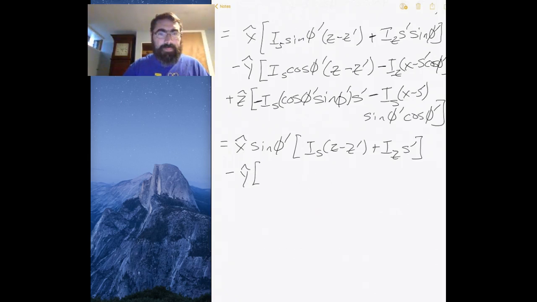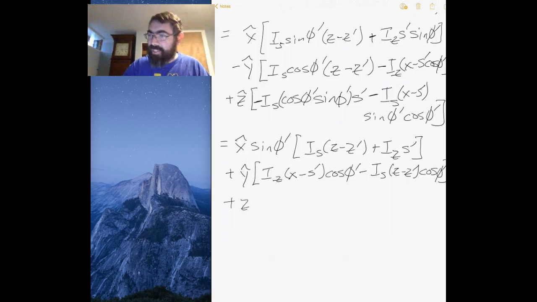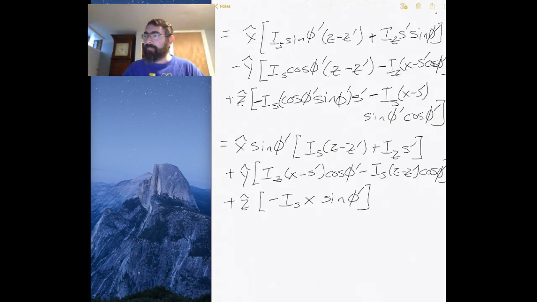And we get i_z x, I'll make this plus, i_z x minus s prime cosine phi prime minus i_s z minus z prime times cosine phi prime plus z, and then essentially minus i_s x sine phi, because that i_s times s prime times sine cosine cancels.